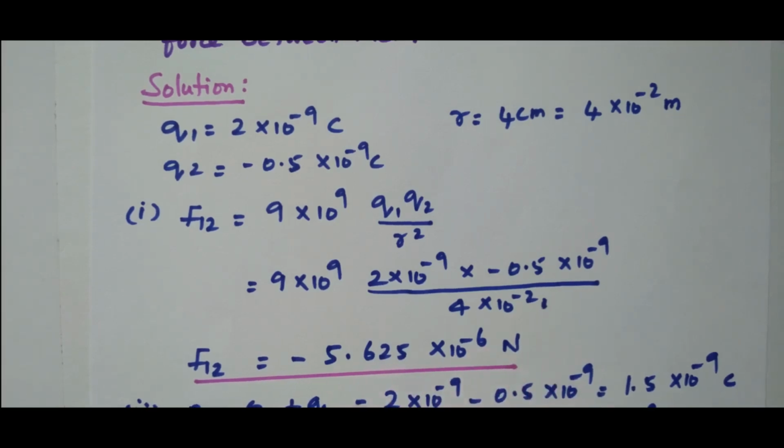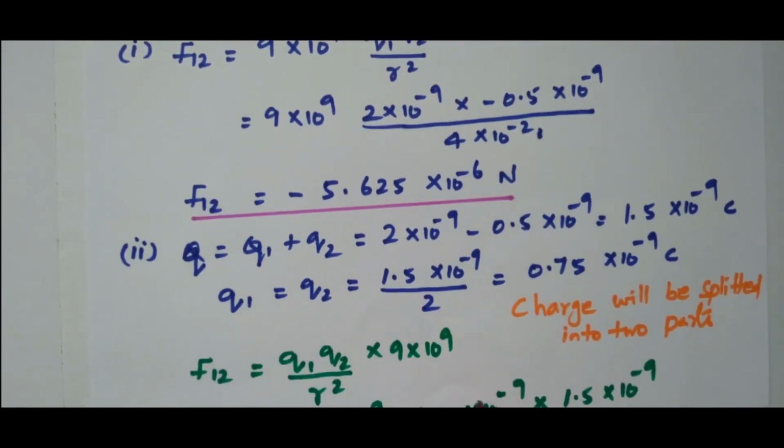So before contact, as a normal condition, using these charges as they are, we calculated the force: minus 5.625 into 10 to the power minus 6 Newton. Now the charges are brought into contact. Both are added together: Q equal to Q1 plus Q2, which is 2 into 10 to the power minus 9 minus 0.5 into 10 to the power minus 9.